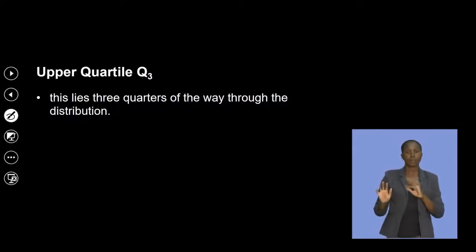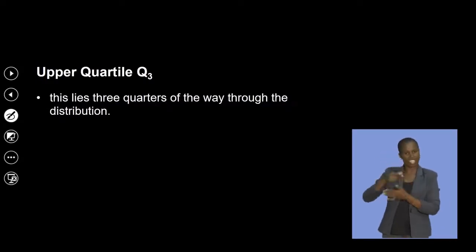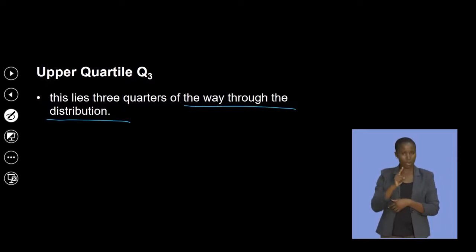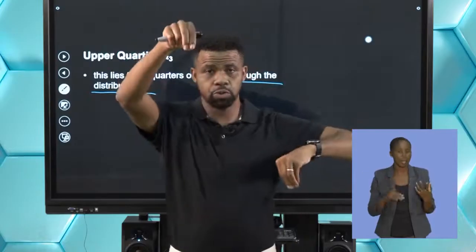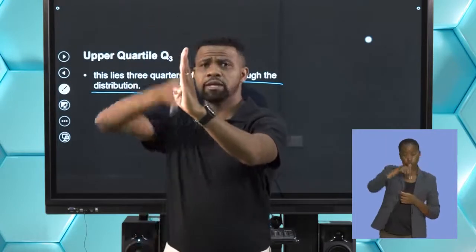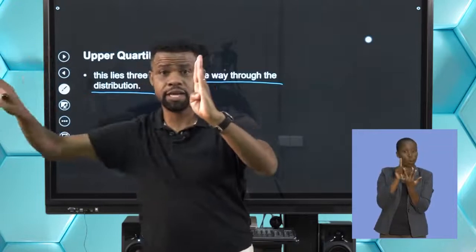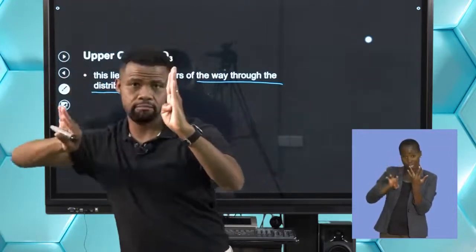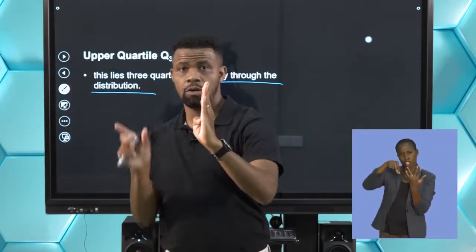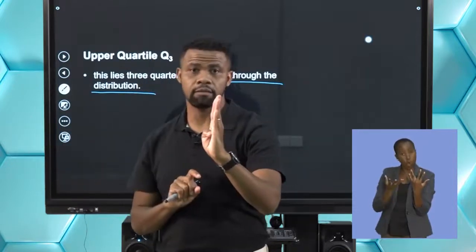Then the upper quartile, which is Q3, lies 3/4 of the way through the data. So Q2, remember, is the middle of the data. For the last 50% of the data, if I find the median of that, that is Q3, the upper quartile. Okay.